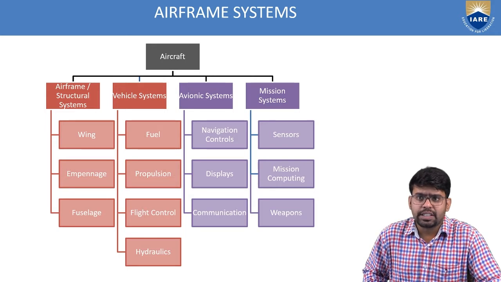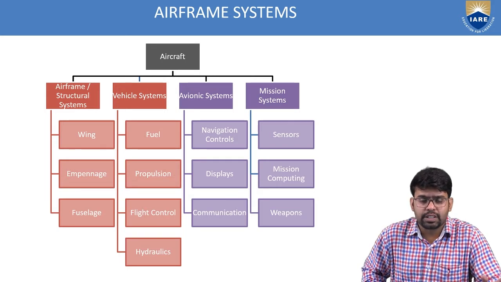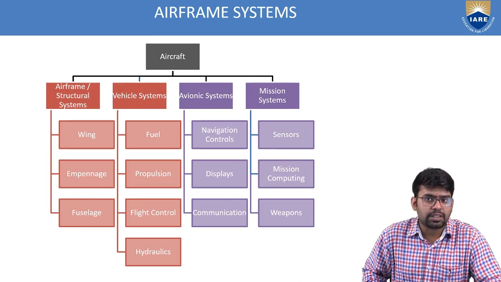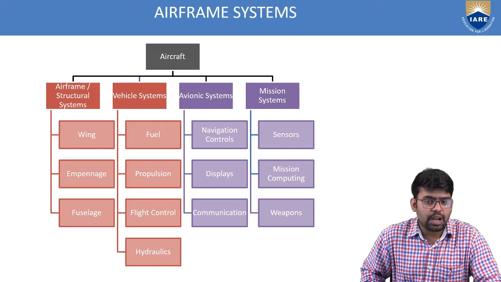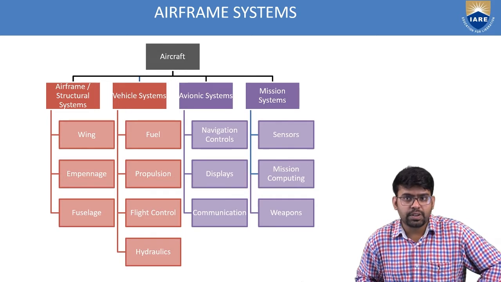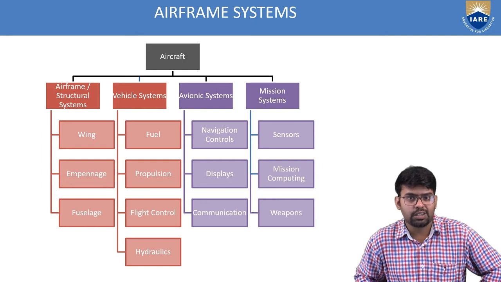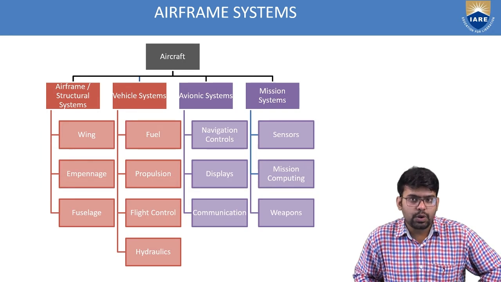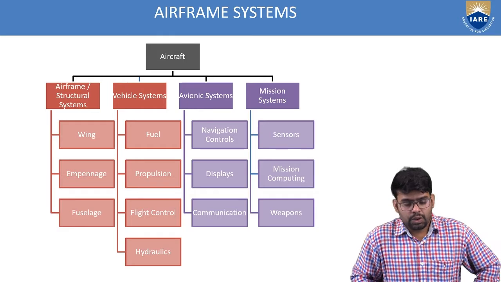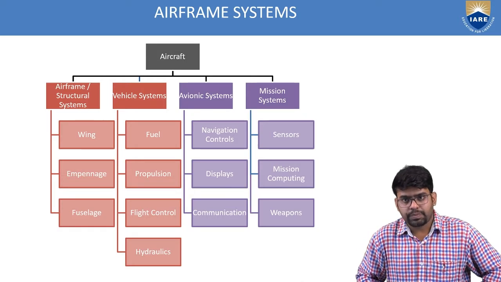So we can see that an aircraft is composed of different systems known as airframe or airborne systems, vehicle systems, avionic systems, and mission systems. First we'll be dealing with airframe systems. Airframe systems are the structural components of an aircraft, where you have wings, empennage, and fuselage. So let us start with the wing.